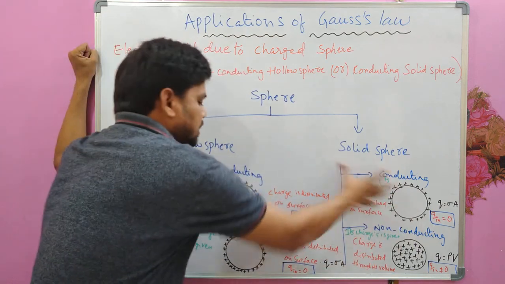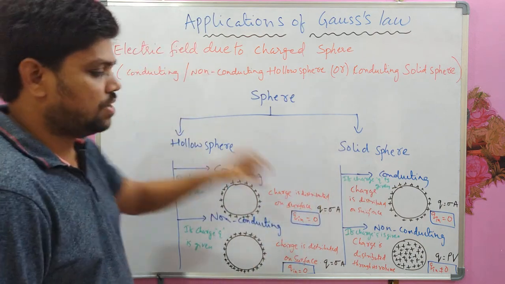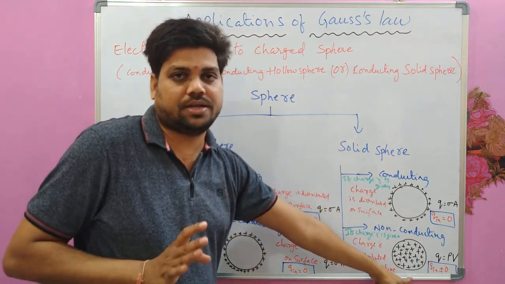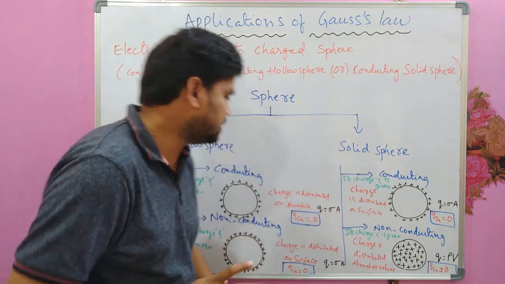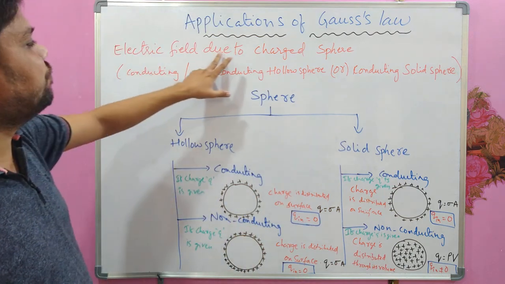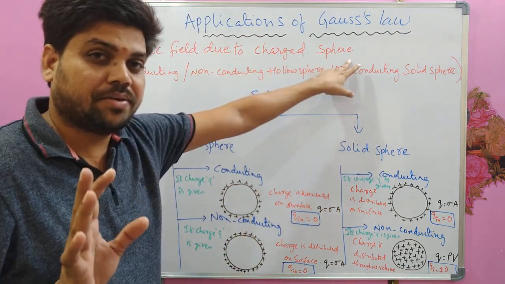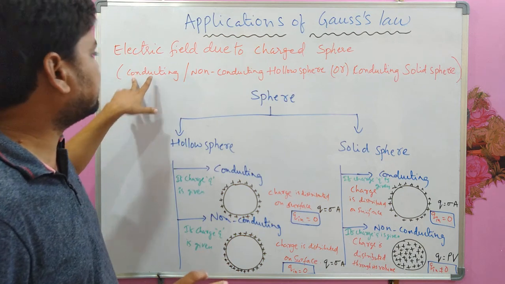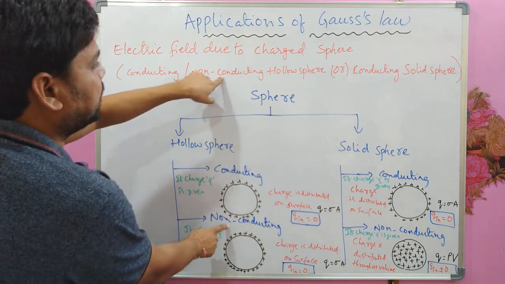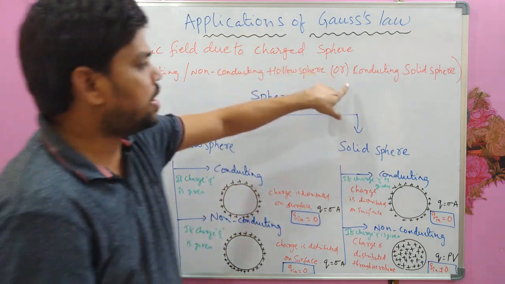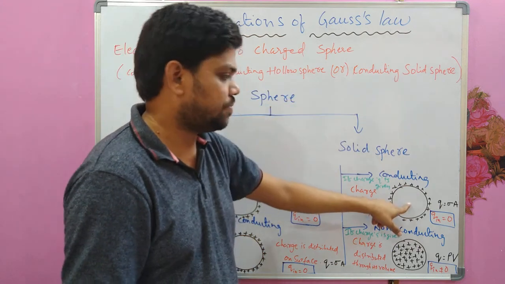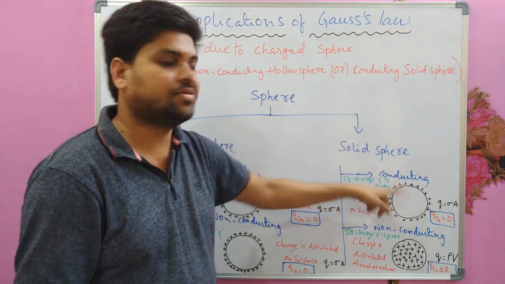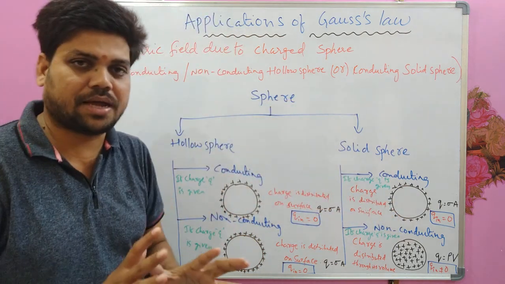So these three come under the same scenario, whereas this one is completely different. So that is the reason I have chosen electric field due to a charged sphere, non-conducting hollow sphere or conducting solid sphere. See, electric field due to a charged sphere I am going to calculate.